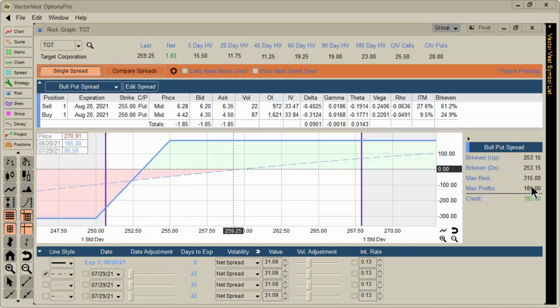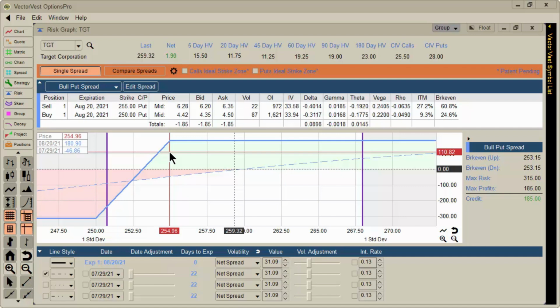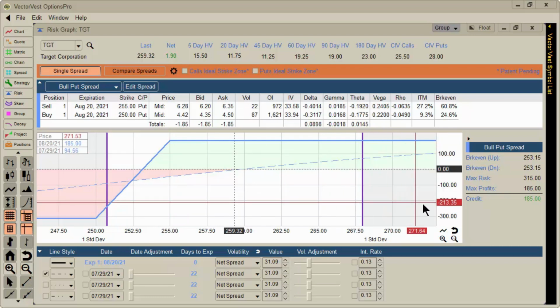Now, if this trade goes against me and we go to $255, I would lose $46. You have a $92 profit target and a $46 potential loss. And as long as the stock stays above 255, this trade can happen and make sense. Now, that's pretty good, right?